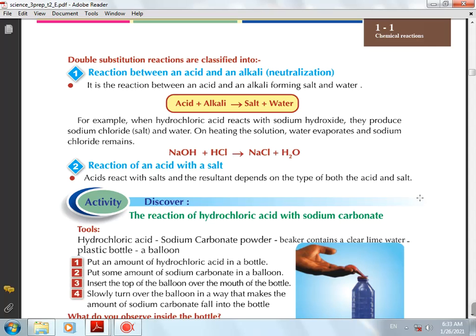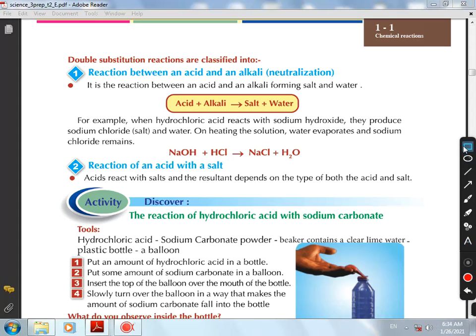It is the reaction between an acid and alkali forming salt and water. For example, reaction of sodium hydroxide and hydrochloric acid to produce sodium chloride and water. Take care, the name of the reaction between an acid and alkali is neutralization.